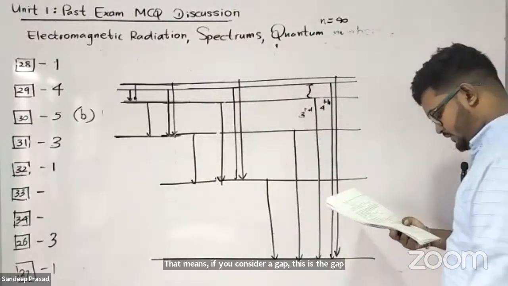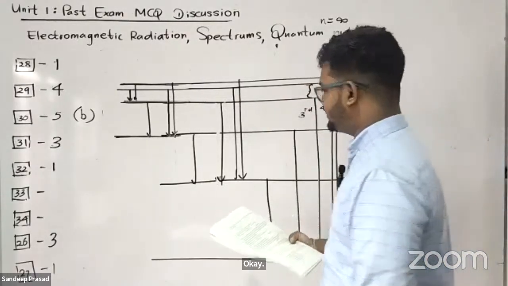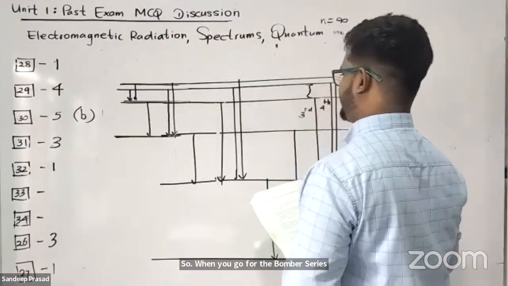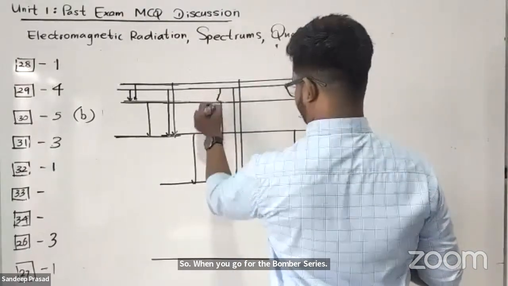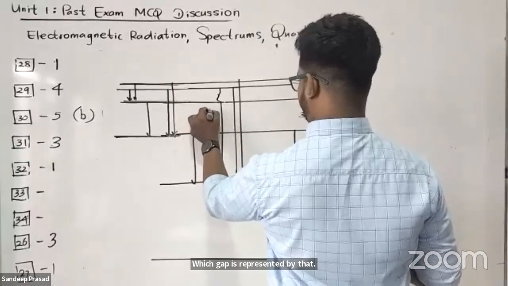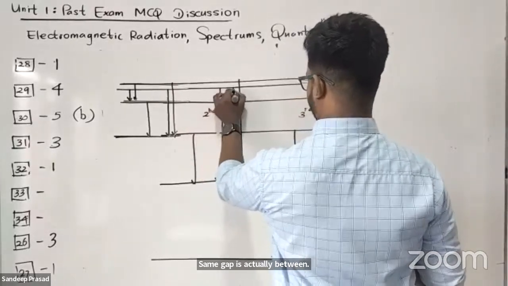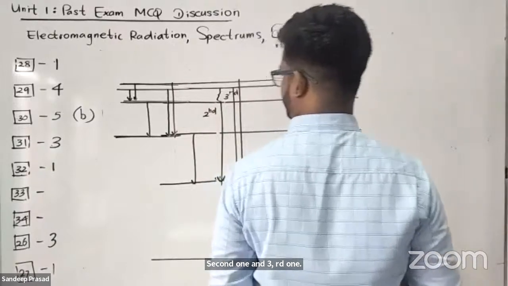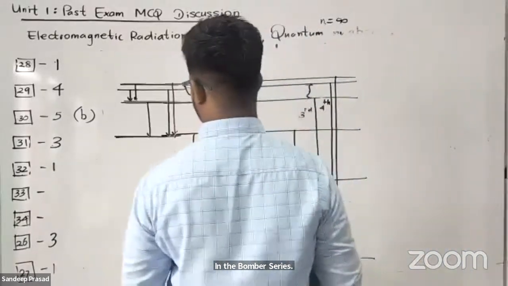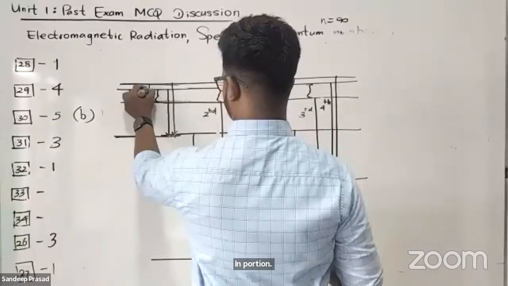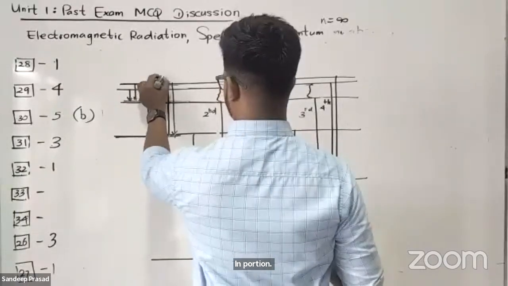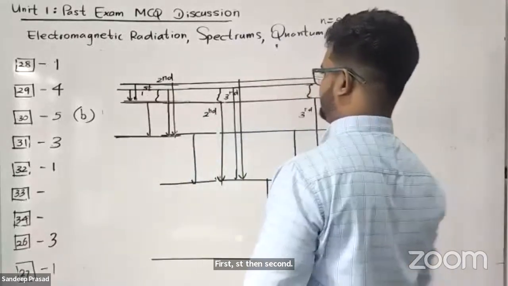Okay. So when you go for the Balmer series, which gap is represented by that? The same gap is actually between the second one and third one in the Balmer series. When you go for the Paschen series, the first line and the second line, first and second is the gap, right?